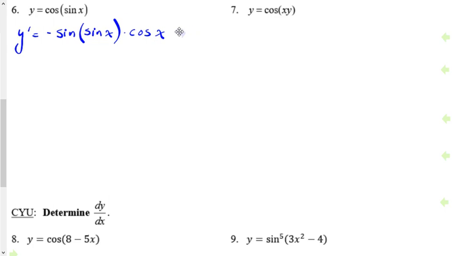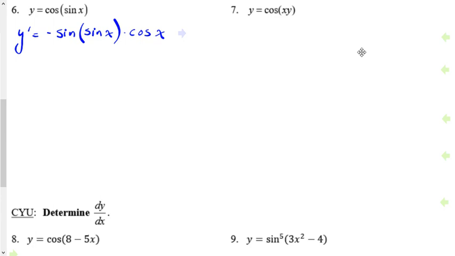Number 7. Oh, yay! We have two y's, one inside the cosine function, one outside the cosine function. We need to use implicit differentiation. If you thought we were done with implicit differentiation, we're not. Ha! There we go.